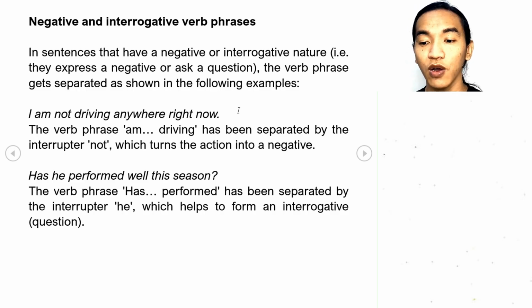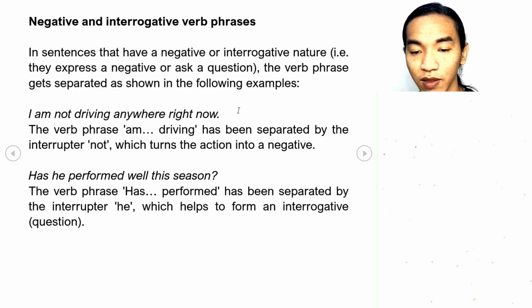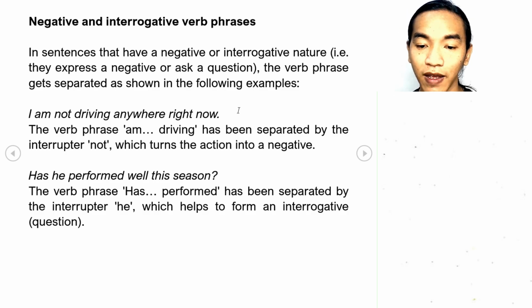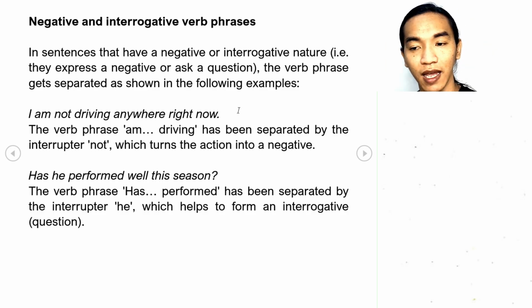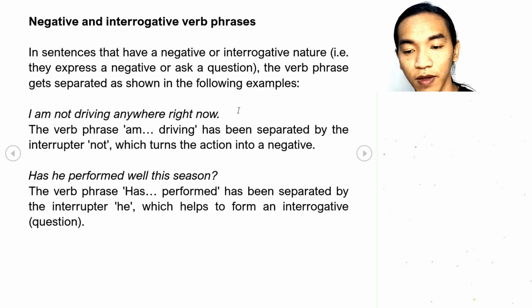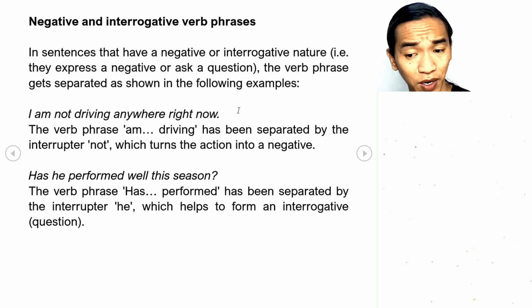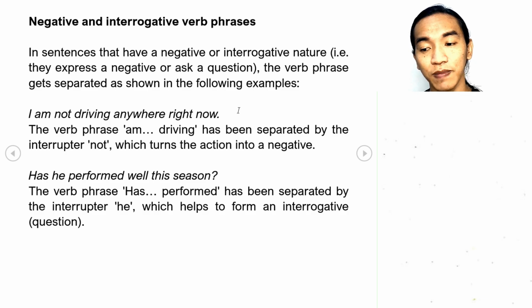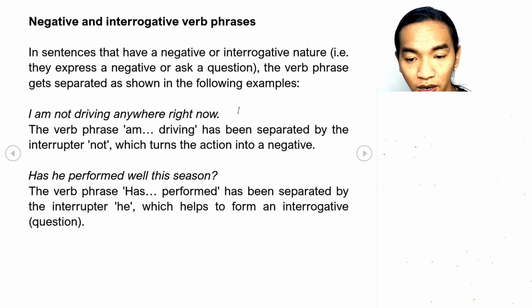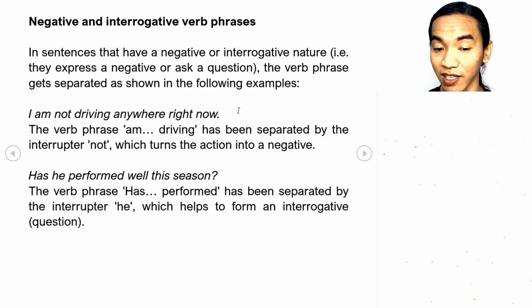So normally, we change the position of your words, starting with your helping verb and then subject and then your main verb. So, has he performed well this season? So has been separated by the interrupter he, your subject, which helps to form an interrogative question.